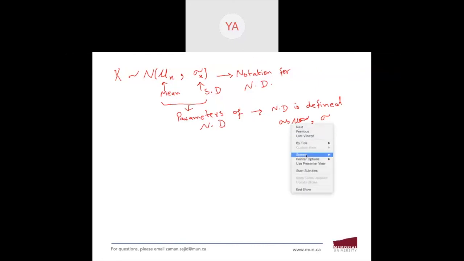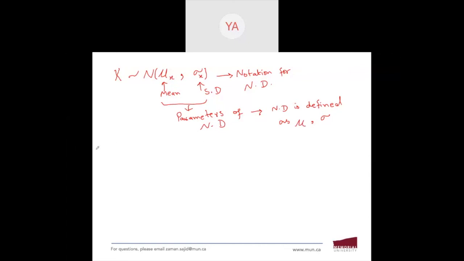Let me correct this. So normal distribution is defined by the mean, which is mu, and your sigma value, which is the standard deviation.